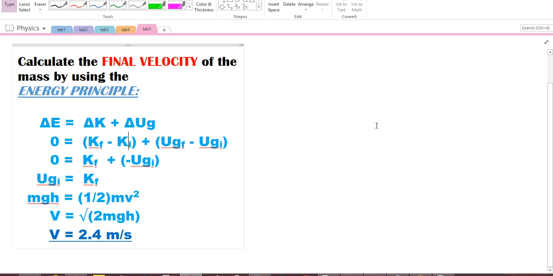For the final velocity, I used the energy principle. Changing total energy equals changing kinetic energy plus changing gravitational potential energy. Initial kinetic energy is zero because it is at rest, and final gravitational potential energy is zero because it has reached the bottom of the hill, where h is zero. So v is 2.4 meters per second.